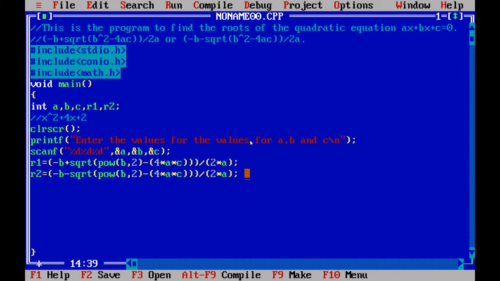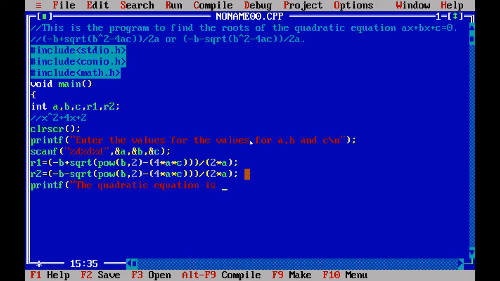Next, after calculating the roots, I have to print the roots, no? So here you can type a printf. At first, we have to type the equation. So you can type, the quadratic equation is ax squared plus bx plus c equal to 0.